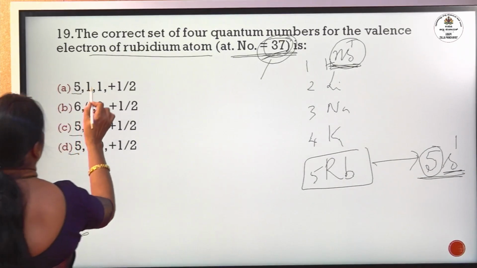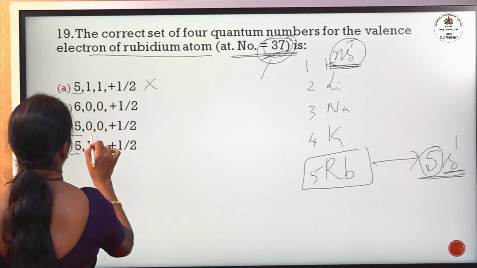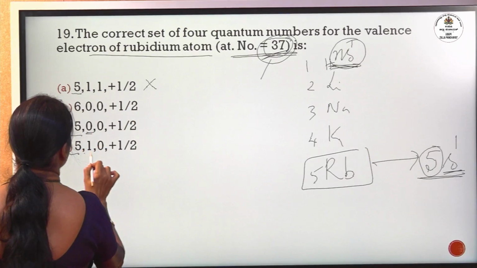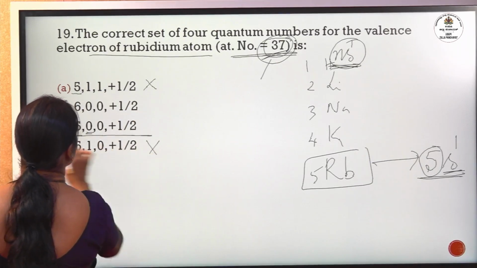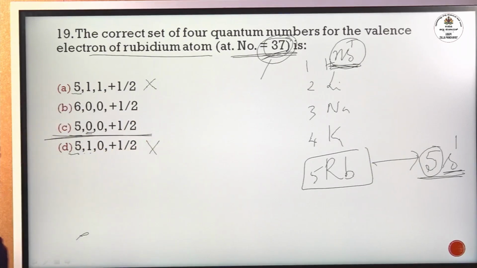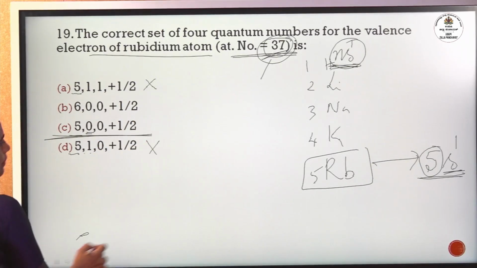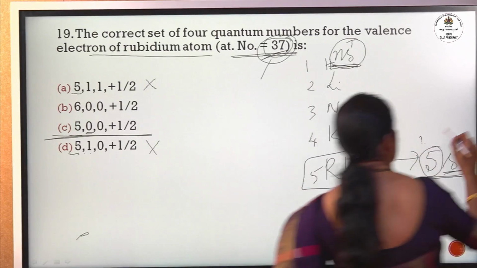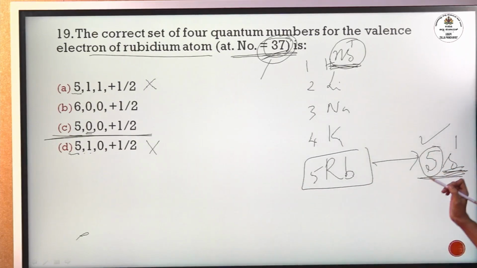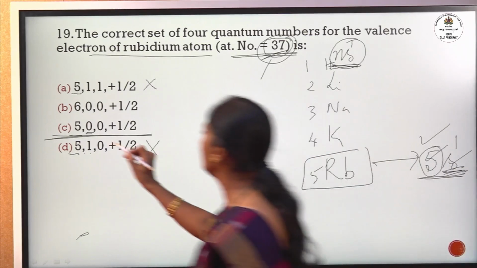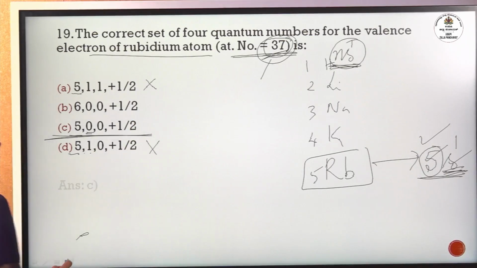Here it is 1, no. Here it is 0. Here it is 1, this is also wrong. So, this is the correct answer. 5, 0, 0, plus half is the correct answer. So, this is the principal quantum number. S subshell gives us the value of l, azimuthal quantum number. n is 5, l is 0. So, C is the correct answer.